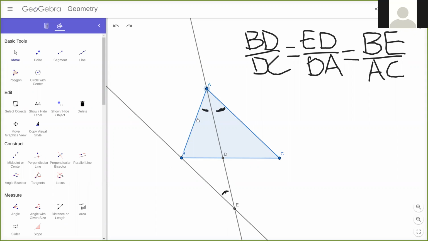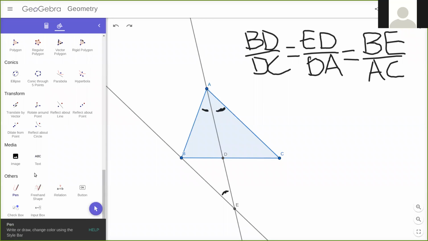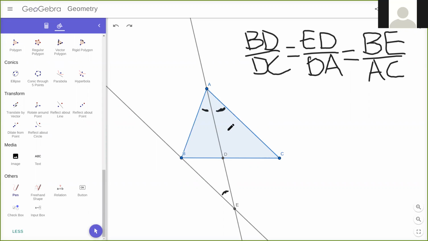So BA equals BE. So now we can replace BE in this expression with AB. BE equals AB. So we have that BD over DC ultimately ends up being AB over AC.